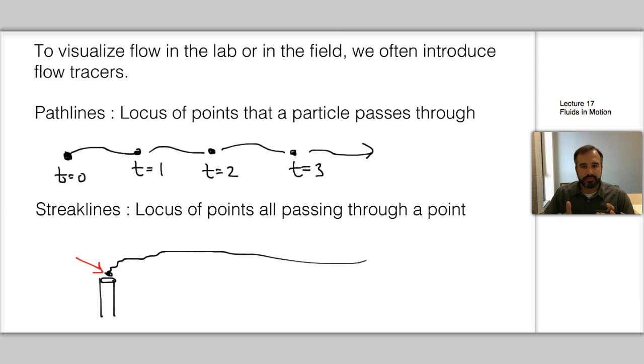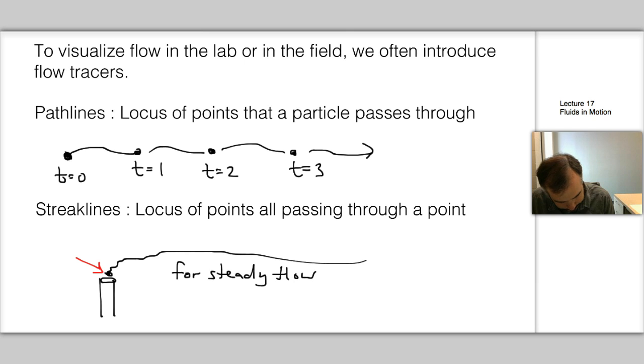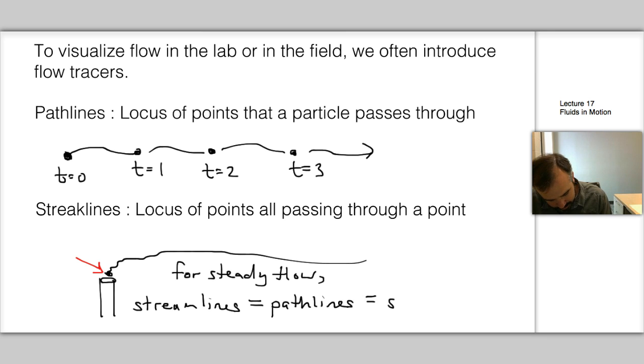What's unique about steady flows, and where path lines and streak lines really become useful for us when we're doing fluid analyses, is that for steady flow, streamlines are the same as path lines are the same as streak lines.